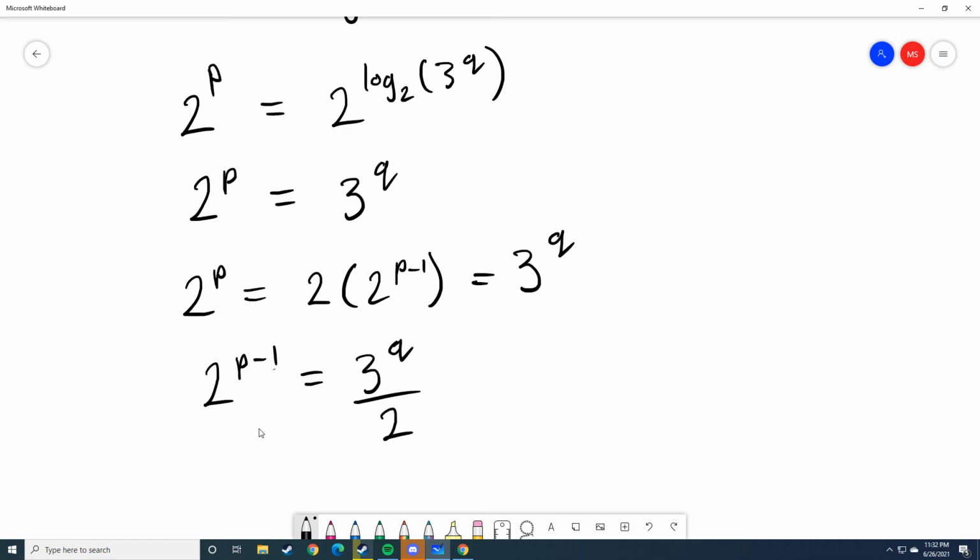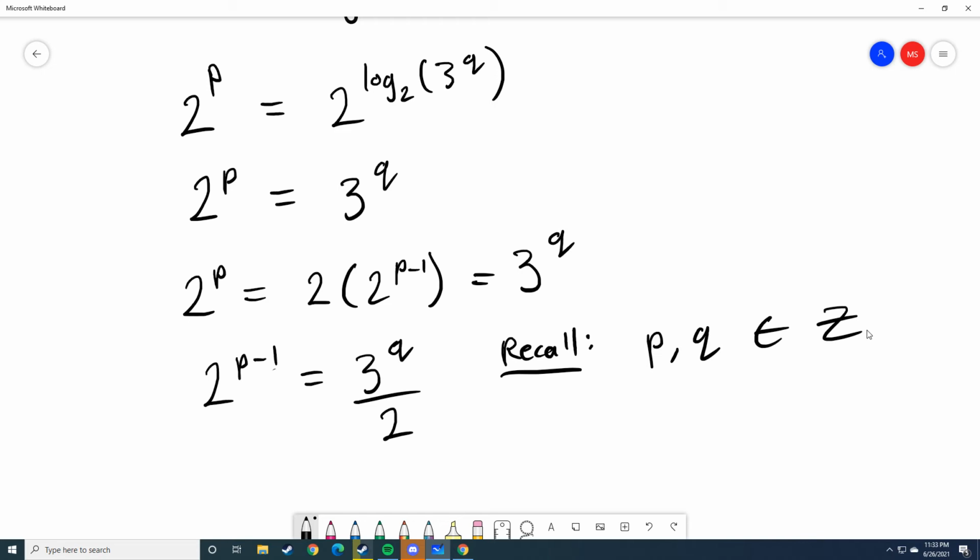And here is where our contradiction comes into place. This expression right here is a contradiction. And it's a contradiction because we'll recall that p and q are both part of the integers.